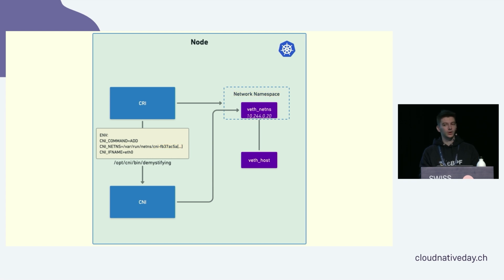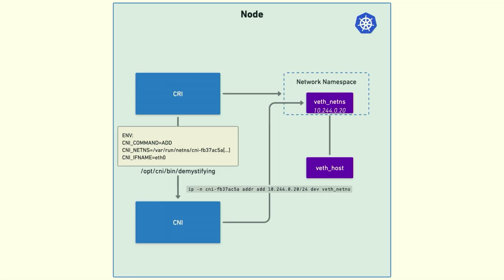Now, what's next? Well, obviously, we need some kind of IP address, right? So we're going to assign an IP address inside of the network namespace for that specific interface. This is what's known as the pod IP address. So when we do this here, we will again leverage the IP command for this.